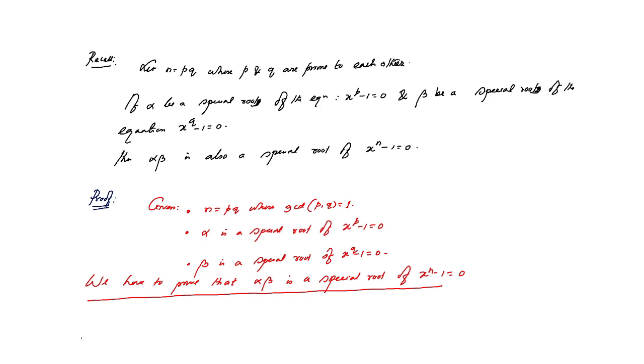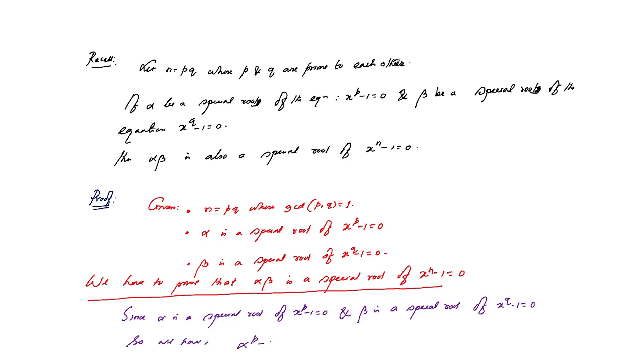Now we come to the proof part. We have written till now what is exactly given and what we have to do. Since alpha is a special root of x to the power p minus 1 equals 0 and beta is a special root of x to the power q minus 1 equals 0, we have alpha to the power p minus 1 equals 0 and beta to the power q minus 1 equals 0.